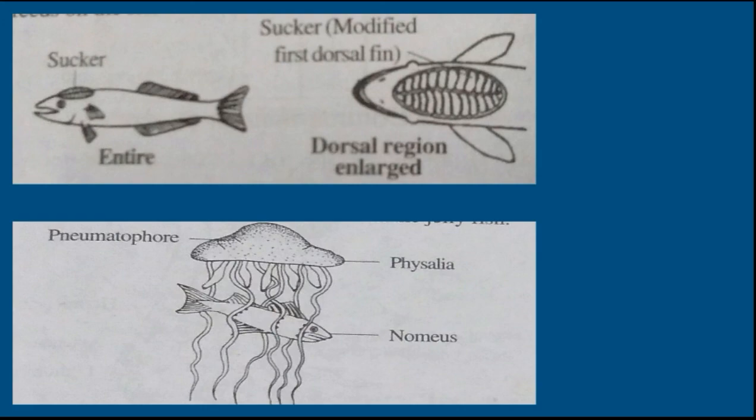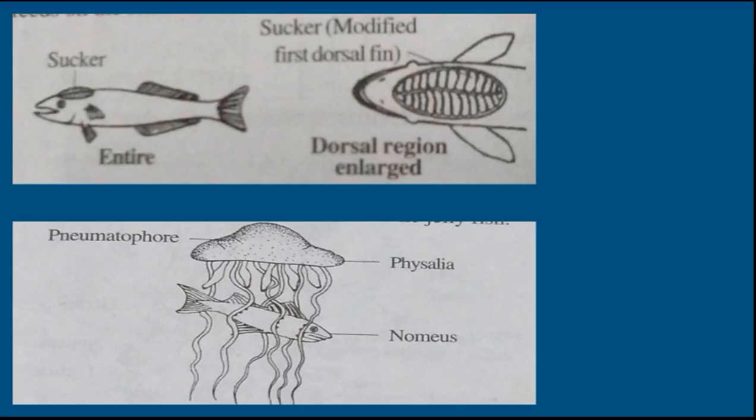So this is the first example of commensalism. The second example we have seen here is the Portuguese man of war and fish. The Portuguese man of war, Physalia, is a deadly poisonous jellyfish. It can kill almost all fishes with the help of its tentacles. But the small fish Nomeus lives among the tentacles freely as a commensal. The fish gets shelter, protection and food from the jellyfish.